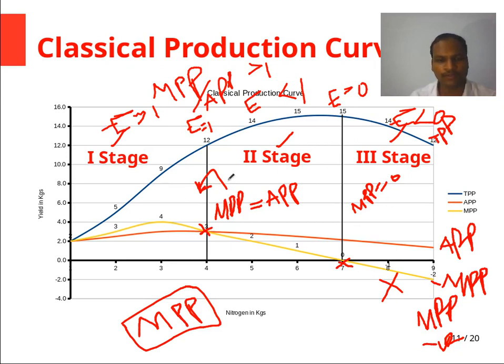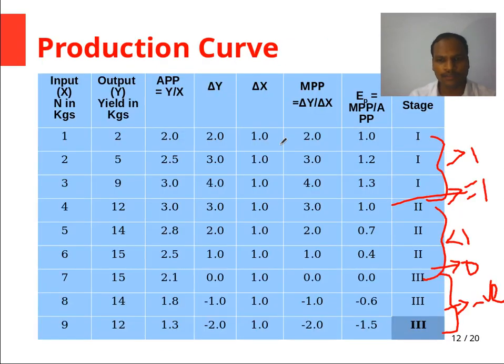When we give a practical exercise, we have to find APP, MPP, TPP, draw these curves, classify the stages, and then write the elasticity also. That is what we did in an example here.